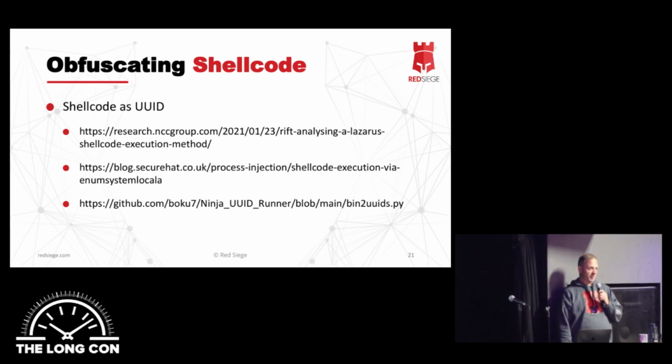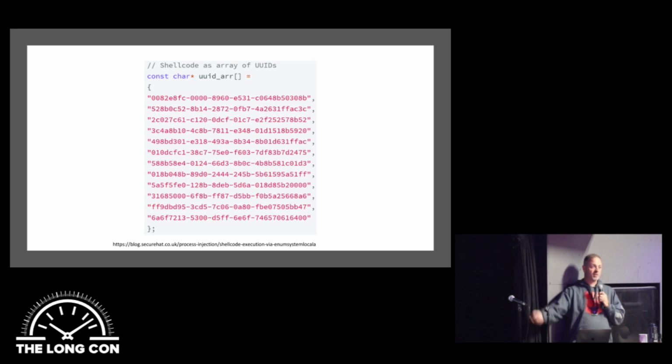So what Lazarus Group did was they took the shellcode and they stored it as UUIDs. This is shellcode. This isn't a bunch of UUIDs. It's shellcode bytes, but because we structure it and it looks like a UUID, AV and EDR were like, seems legit. No problem at all. I have done this with zero encryption.